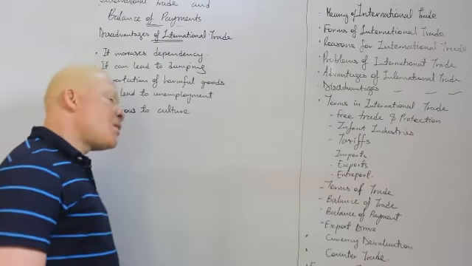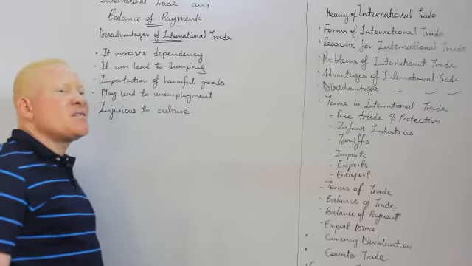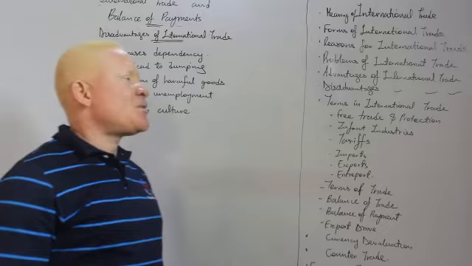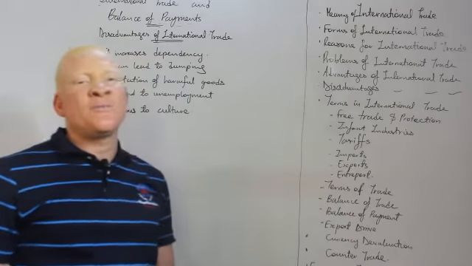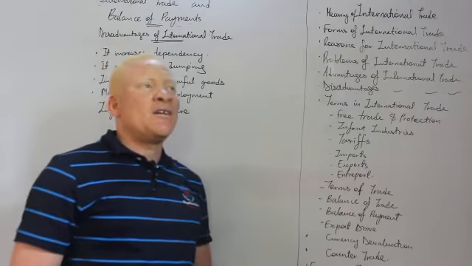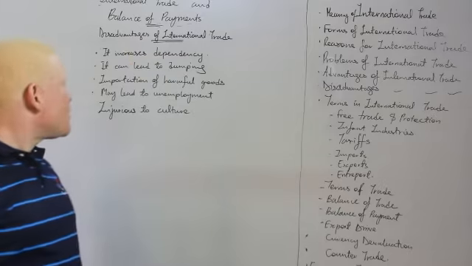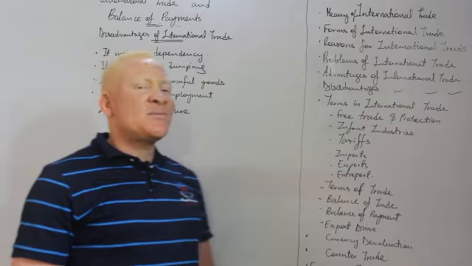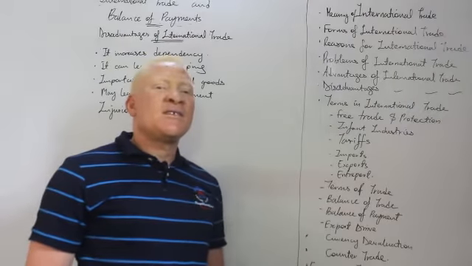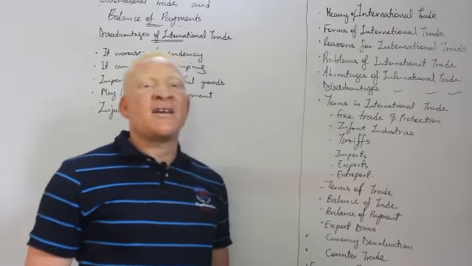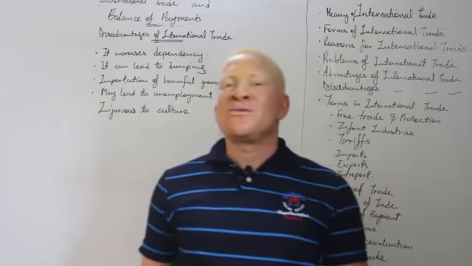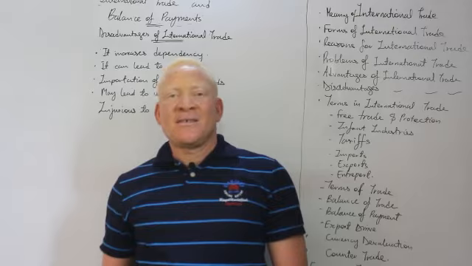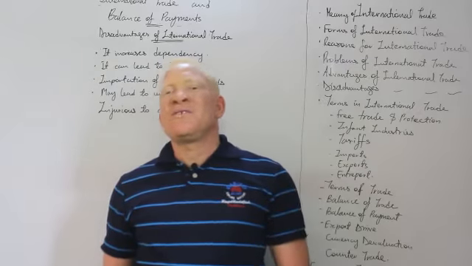Then, when a country engages in excessive international trade, or in international trade without free trade, it would lead to dumping. Dumping in this sense means a situation where imported goods are sold at prices that are equal or lesser than what they are sold for in their home country.